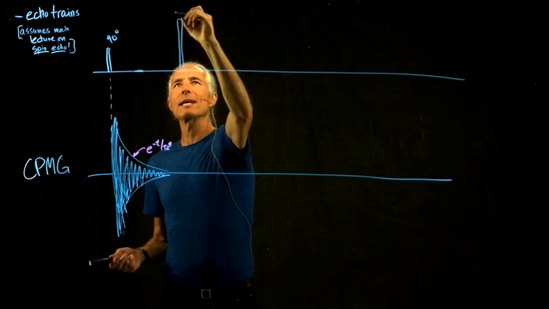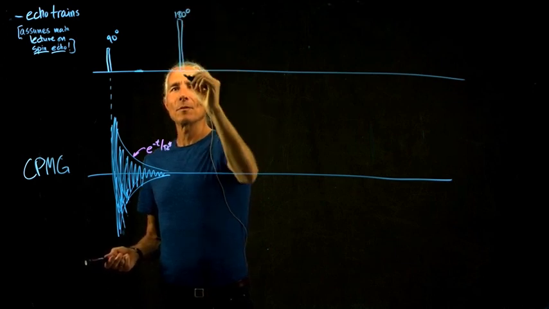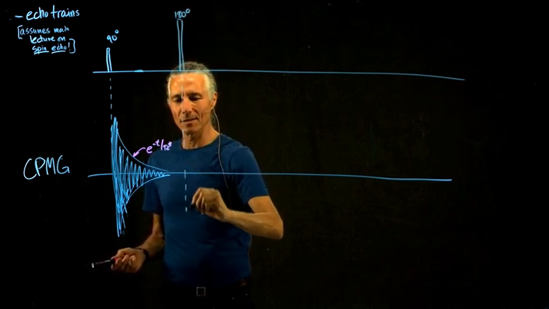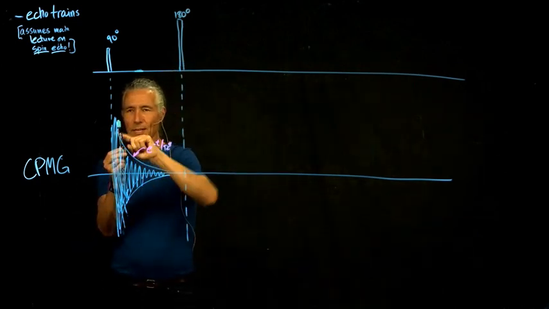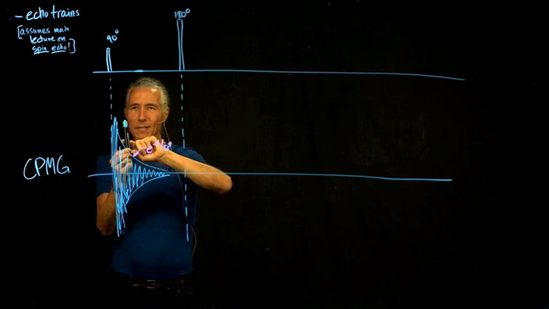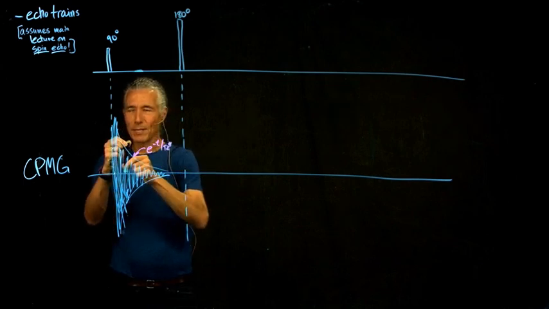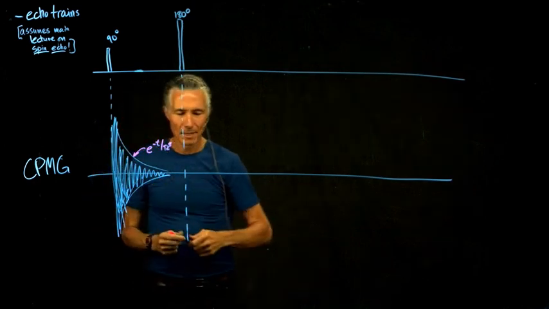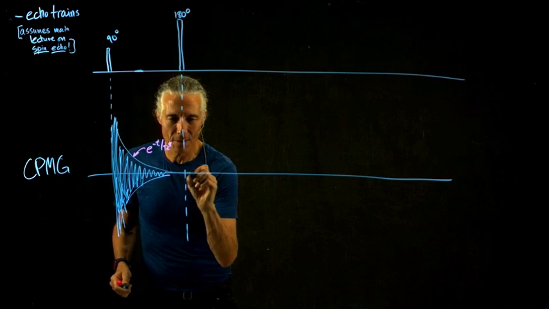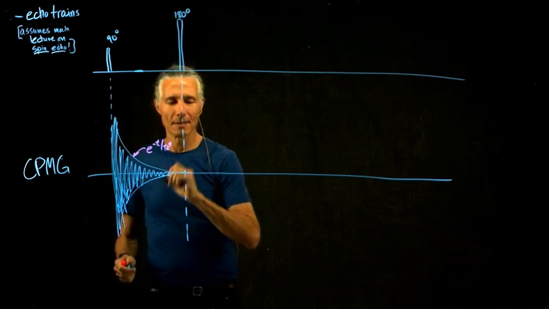Remember, if you do a perfect 180, you shouldn't get any signal, because you've completely inverted the magnetization perfectly, and so there's no transverse part. There's no XY part. So if everything works right, nothing comes out when you do that.